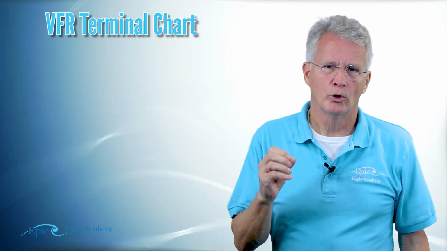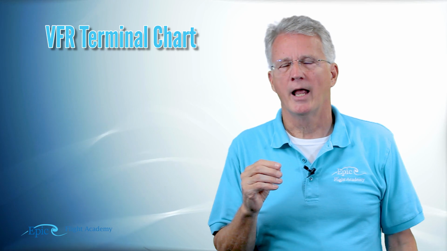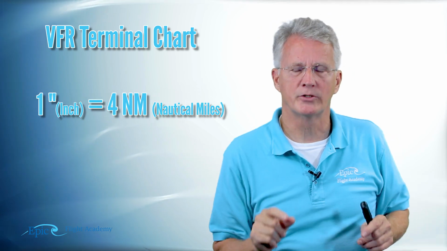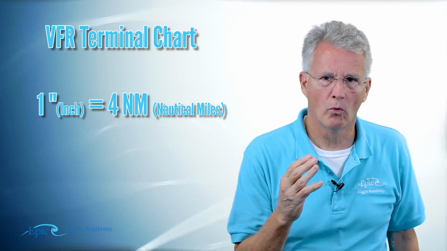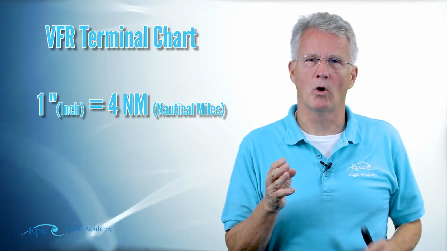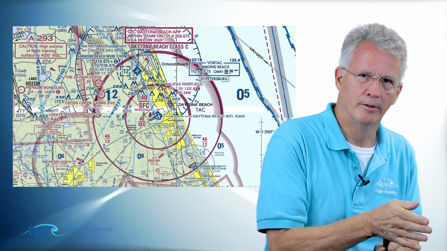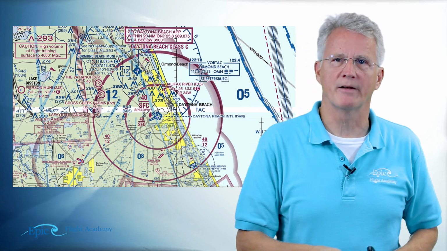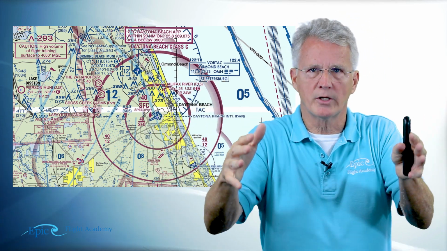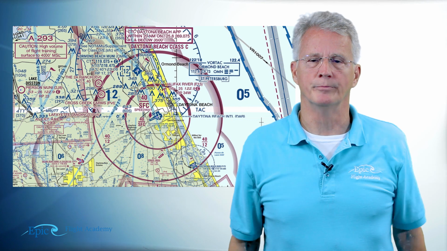And then the last one is the VFR Terminal Area Chart, and here we have 1 inch on that chart equal to 4 nautical miles. So almost half again. Not quite half, but almost half again. So these charts are kind of scaling down and zooming in.